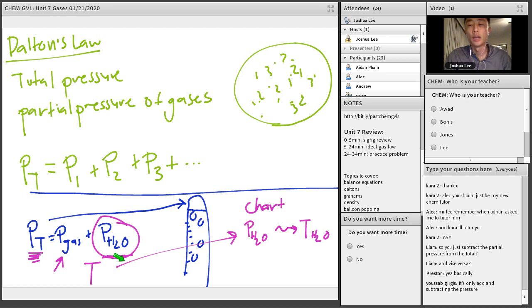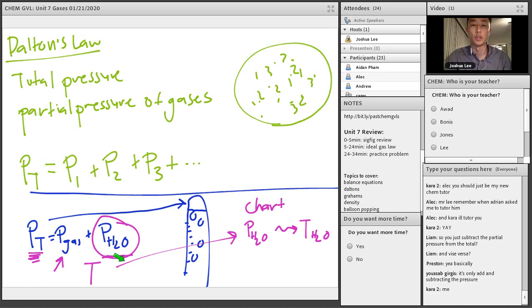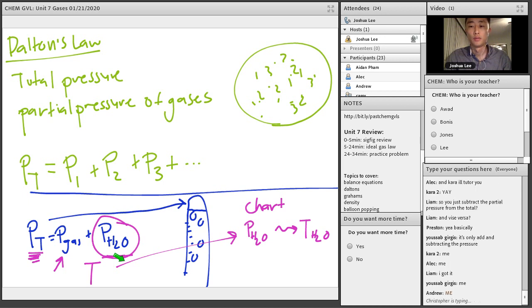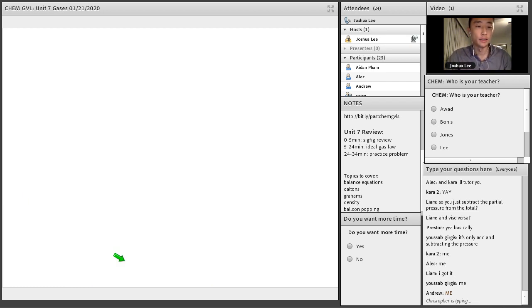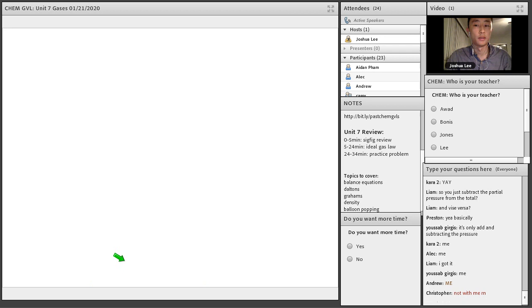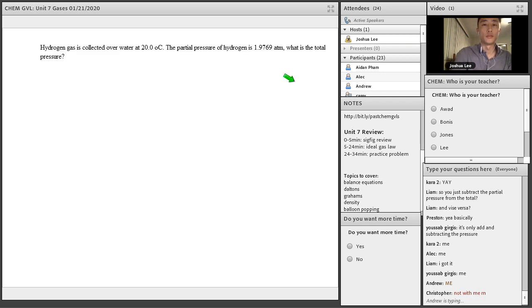How many of you have the water vapor pressure chart with you? Perfect. Then I could do this problem. All right, let's try this. I'll change the numbers up so it's not exactly the same. Go.